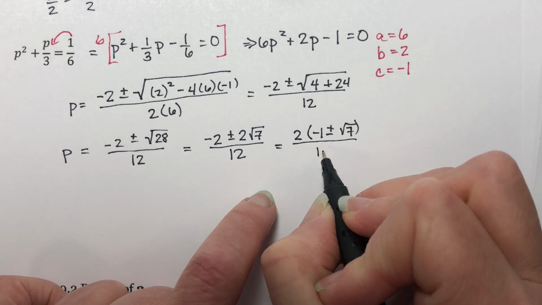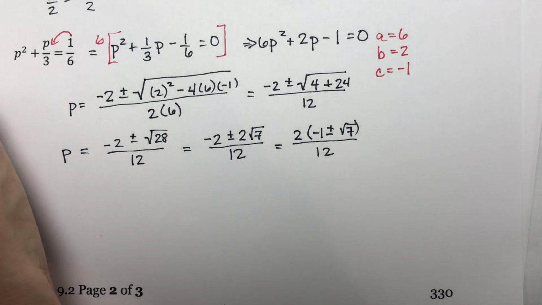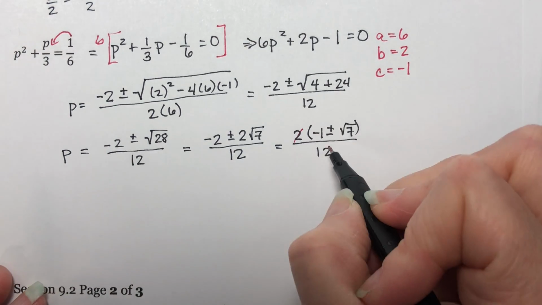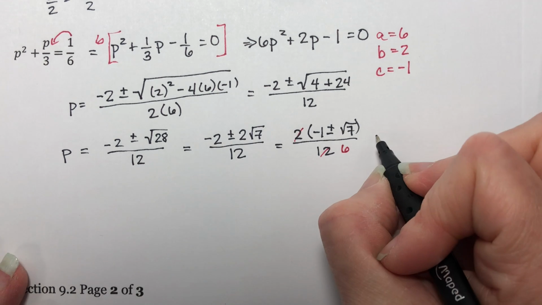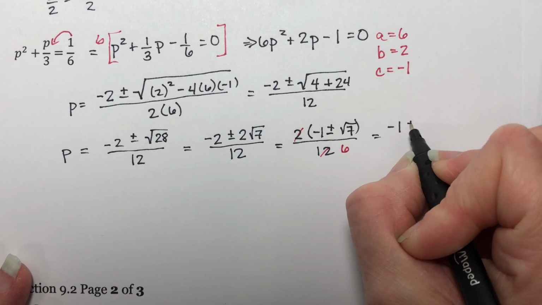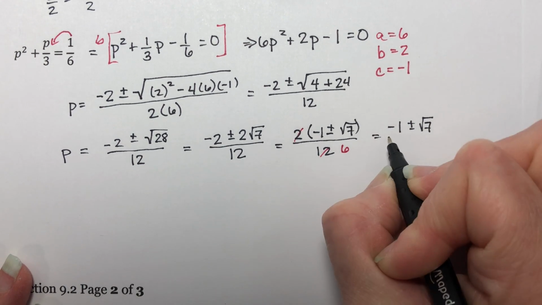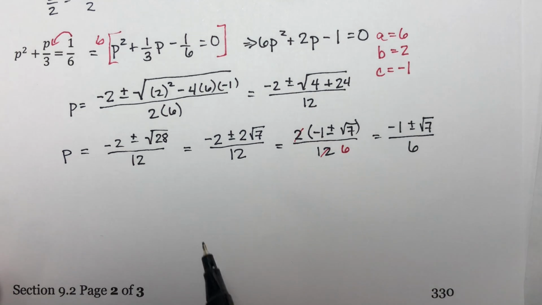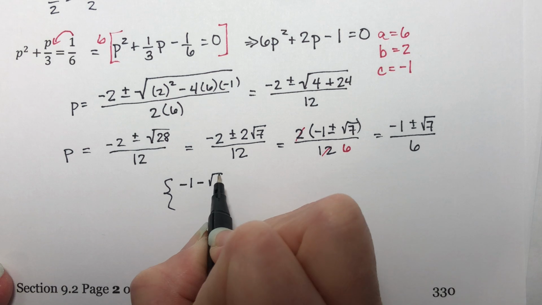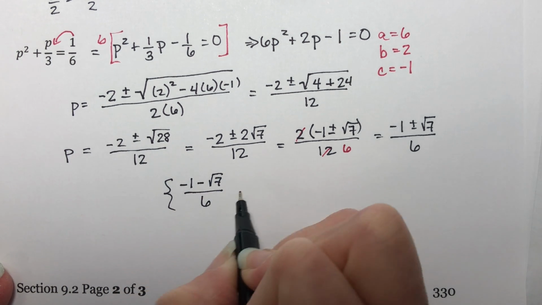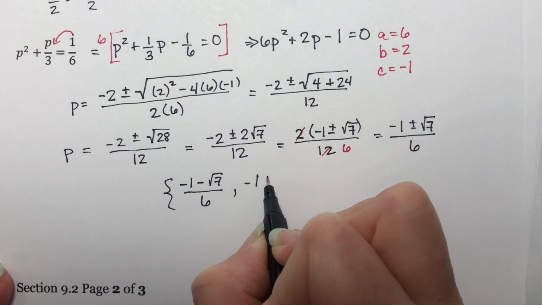And this is over 12. And now we can reduce the 2 and the 12, and you get a 6 down here. So your 2 answers are negative 1 plus or minus the square root of 7 all over 6. When you write your answer in set notation, you get this.